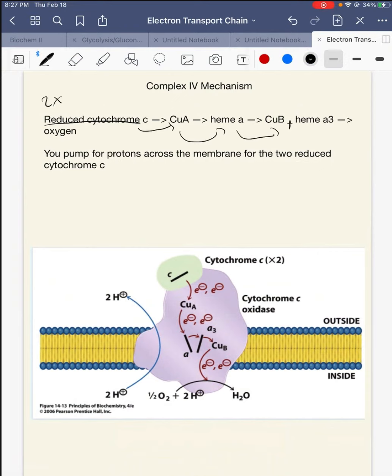And then because we have 2 cytochrome Cs going through this, we're technically pumping 4 protons.